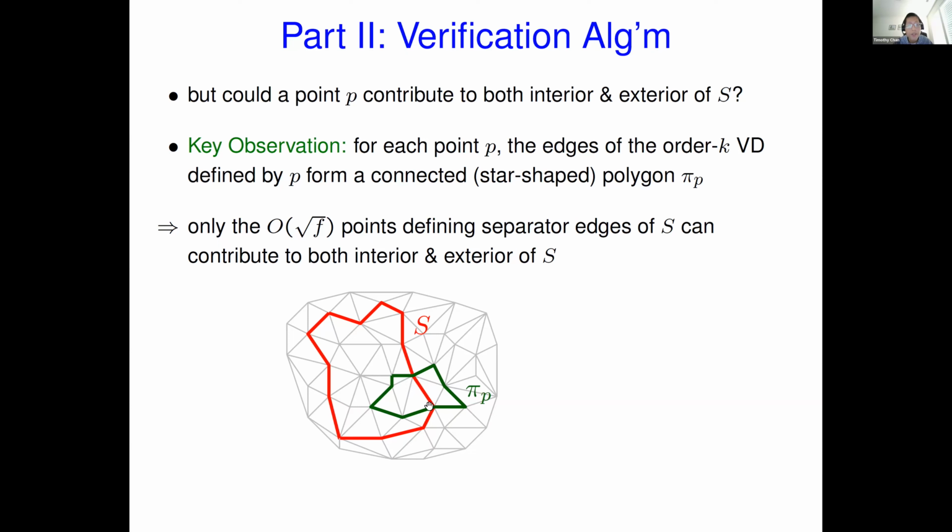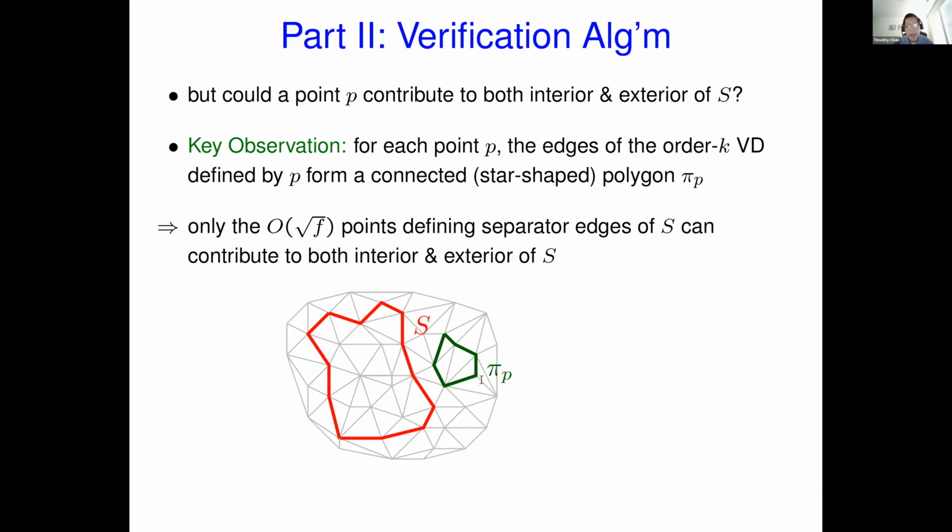For these points, we have to assign them to both the inside and the outside. But how many such points? There are only root f of them, because the separator has size root f. If you're not in this case, there are only 2 remaining cases. Either the polygon is completely inside or completely outside. If it's completely inside, then obviously we should assign P to the problem corresponding to the inside of the separator. And in the latter case, we put P in the outside.